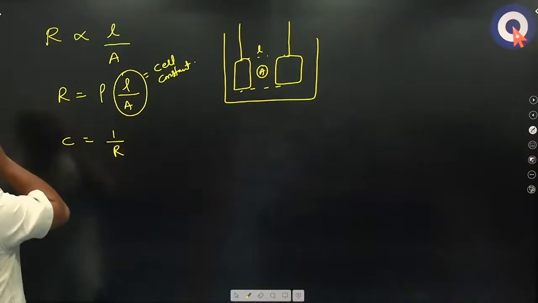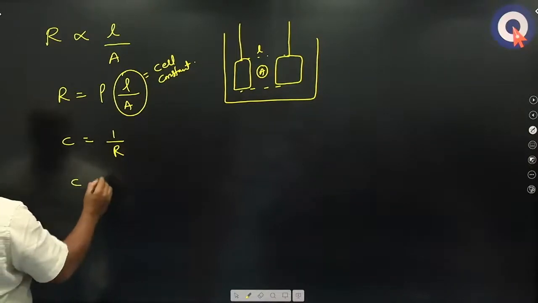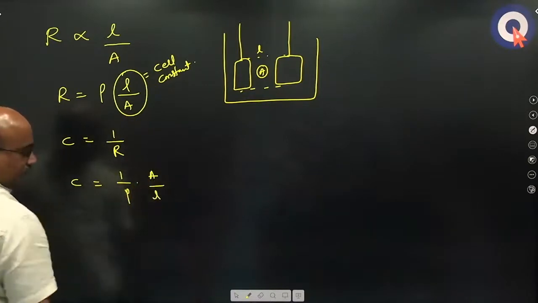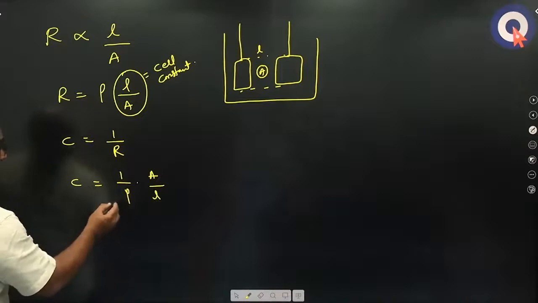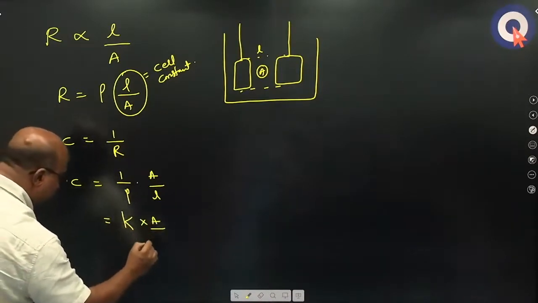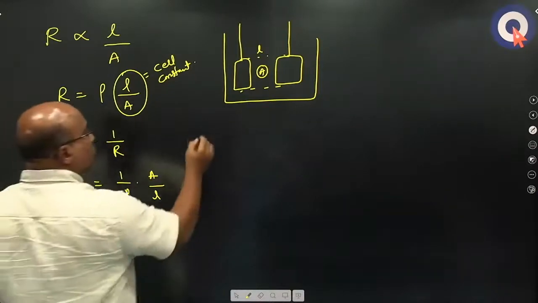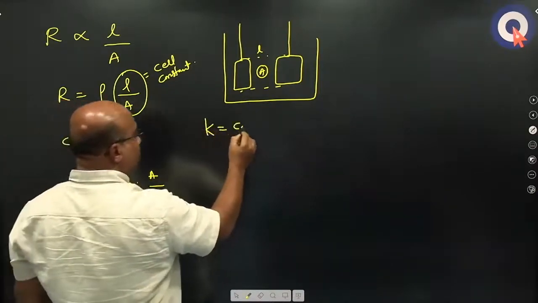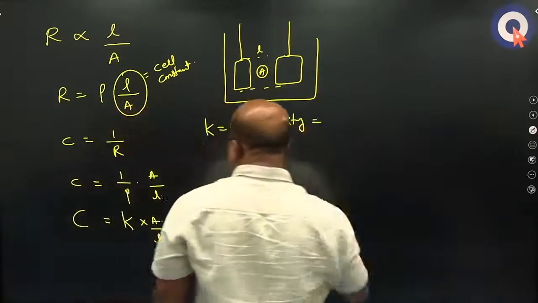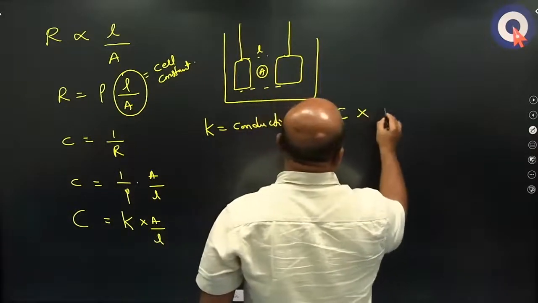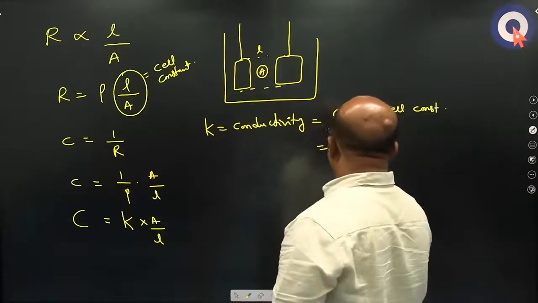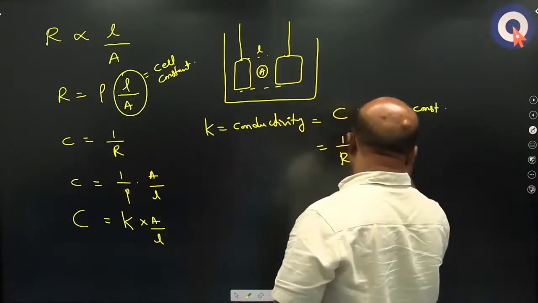So conductance is equal to 1 by rho into A by L. So 1 by rho is nothing but a constant called kappa, into A by L. So what is kappa, which is called conductivity, as conductance into cell constant. But this can be written as 1 by R also into cell constant.